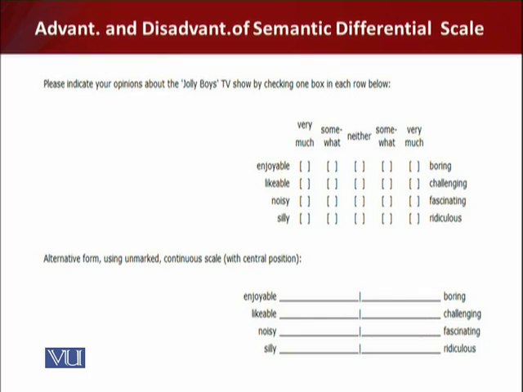Osgood's semantic differential basically deals with measuring of opinion, attitudes, and values. It refers to making an attempt to measure the semantics or meaning of words, particularly adjectives, and their referent concepts.